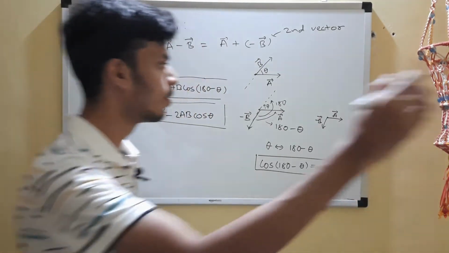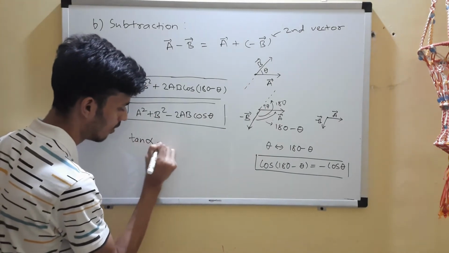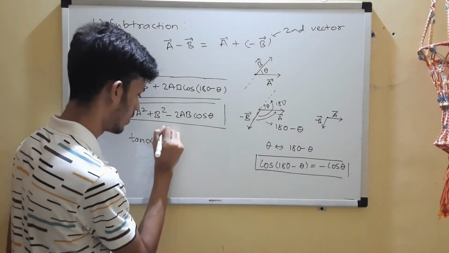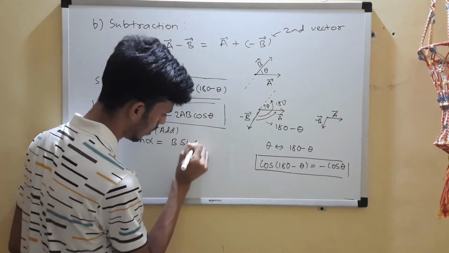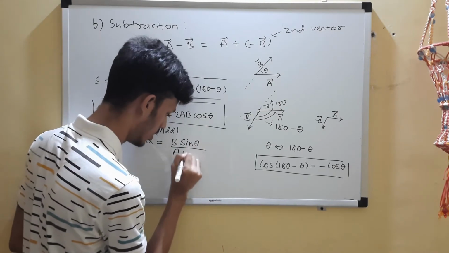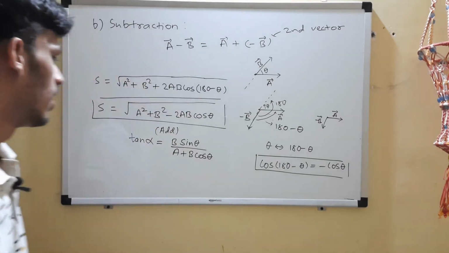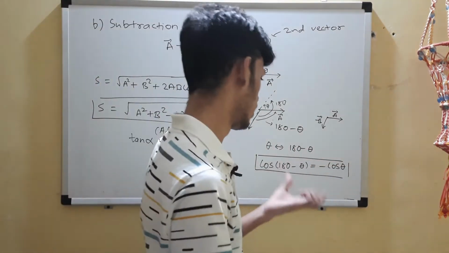Now coming to the angle. So tan alpha, we will go for alpha only. In the addition case, what was it? It was b sin theta upon a plus b cos theta, right? This was the formula, you can check it. Now for subtraction, what do we have to do?